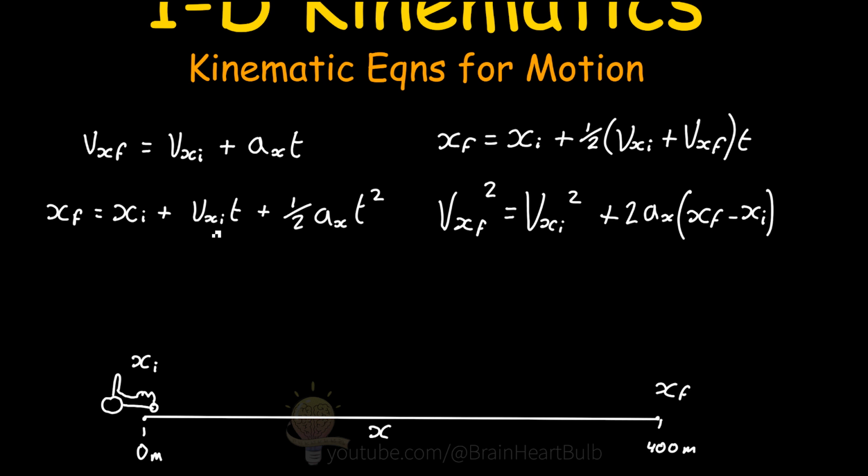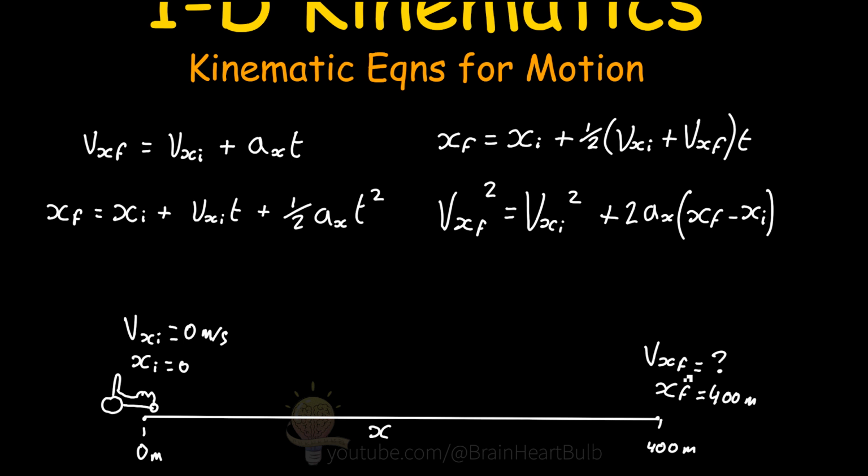Its initial velocity will be represented by VXI here, which would be 0 meters per second because it's not moving, it's at rest. Its final velocity would have some quantity that's above 0 meters per second in this case.